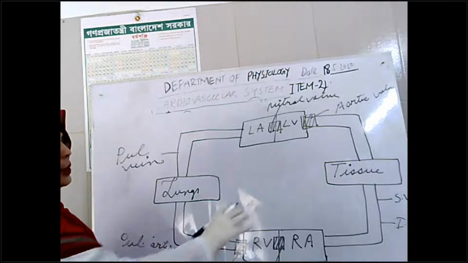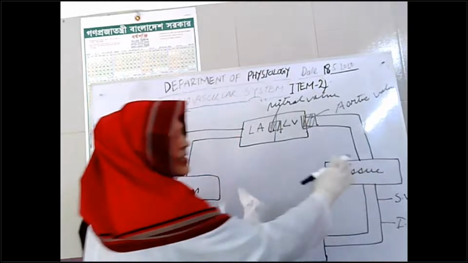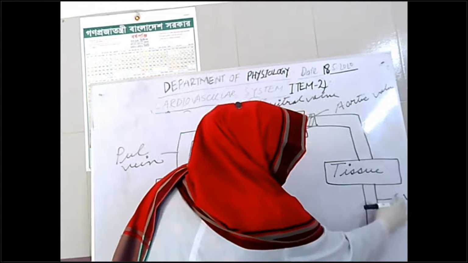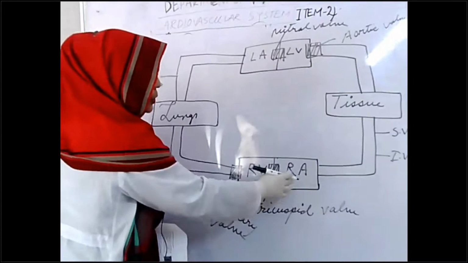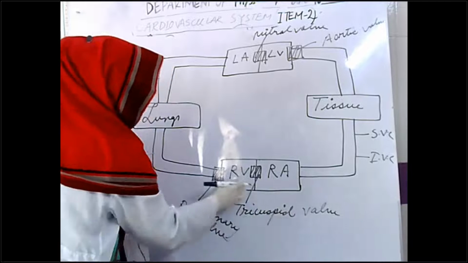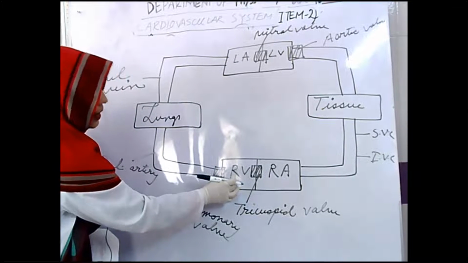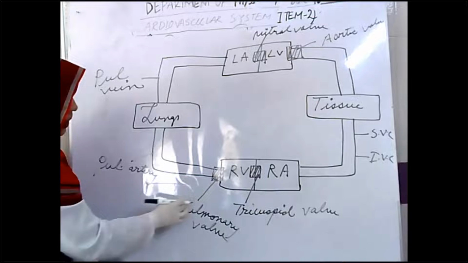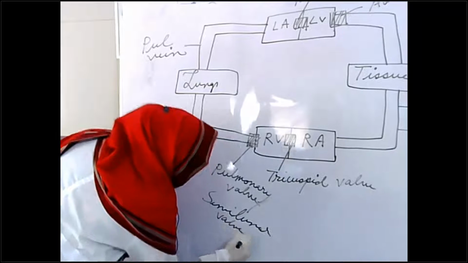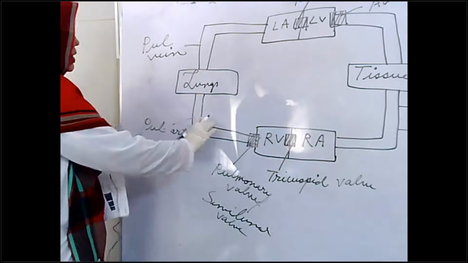Again, I am repeating: from systemic circulation, that is tissue level, through superior vena cava and inferior vena cava, deoxygenated blood comes into the right atrium, and from right atrium through tricuspid valve, blood comes into the right ventricle. From right ventricle through the pulmonary valve or semilunar valve, semilunar meaning half moon, blood comes into the pulmonary artery.